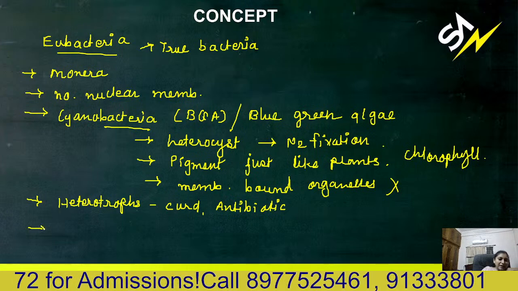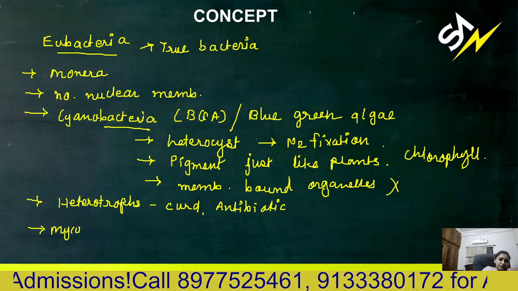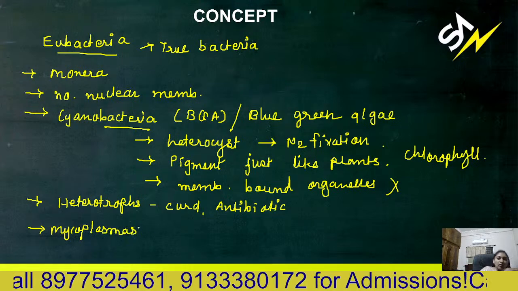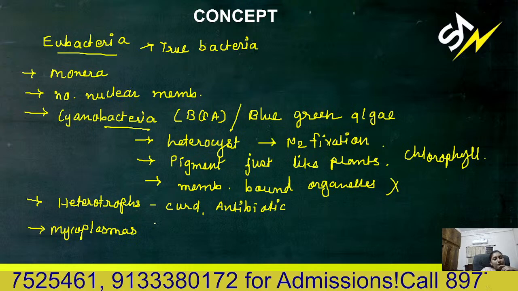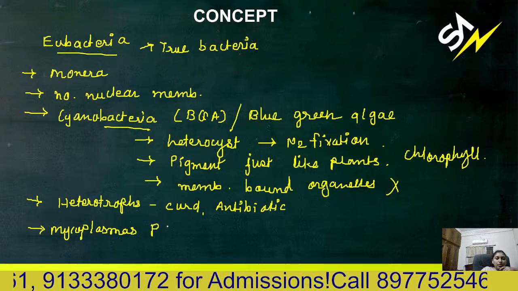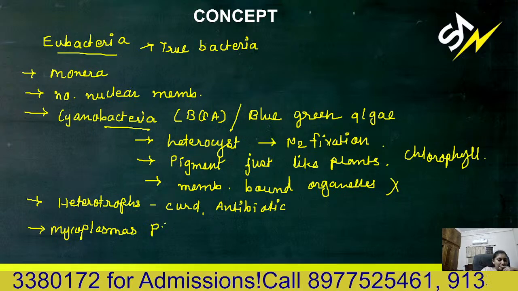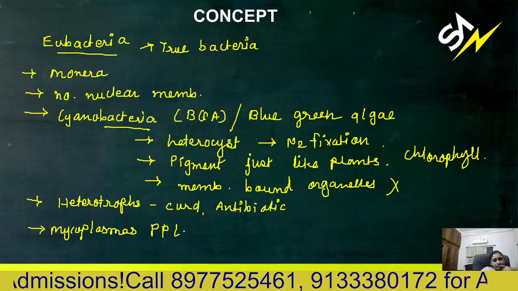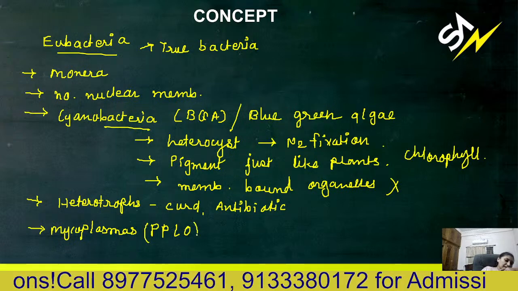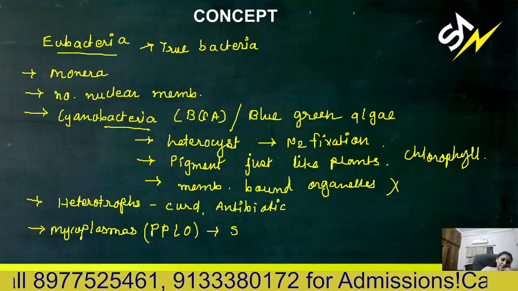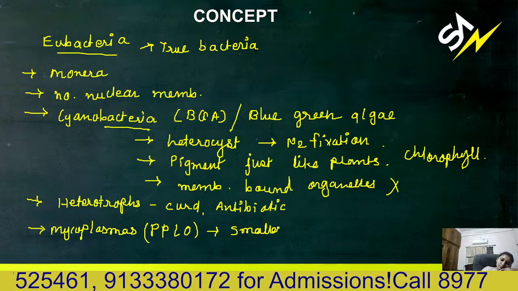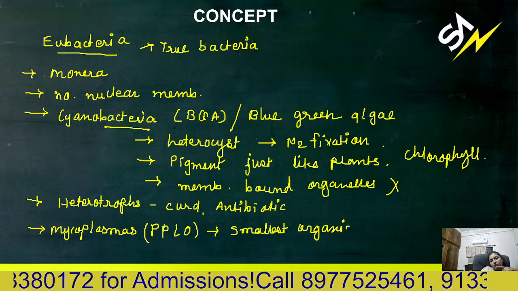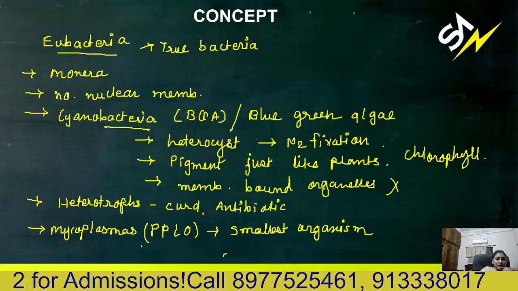Then what about mycoplasmas? Previously they were commonly known as pleuropneumonia-like organisms, PPLO. They are the smallest organisms, and they lack a cell wall.